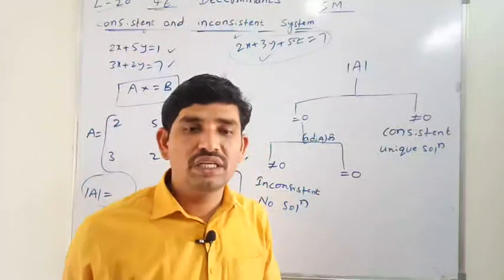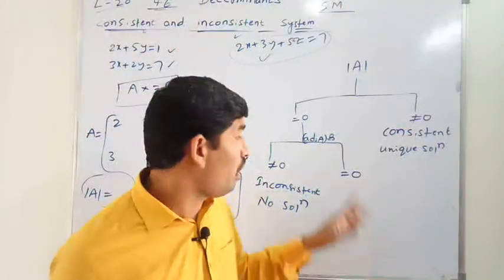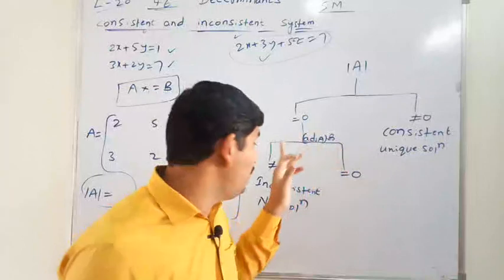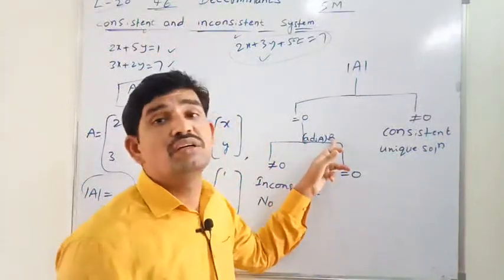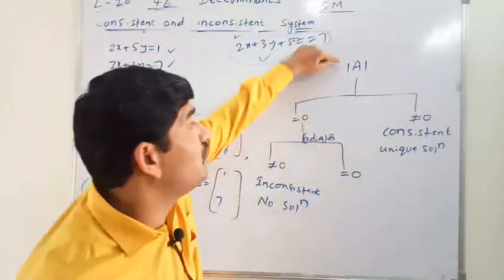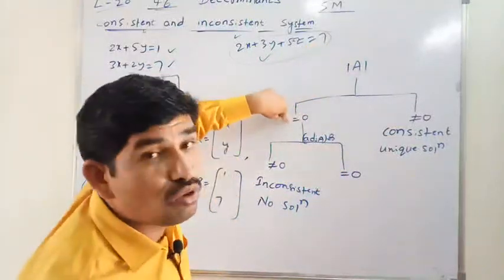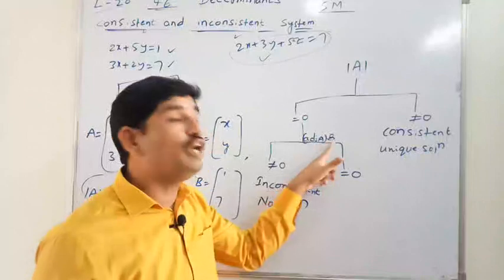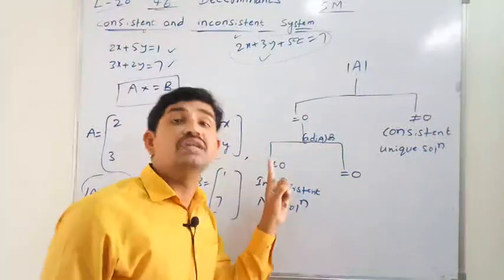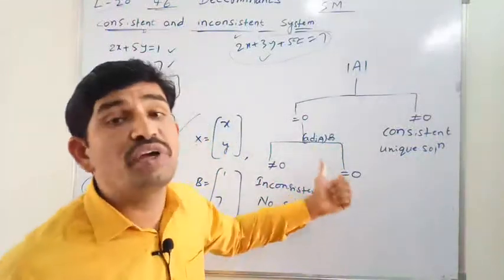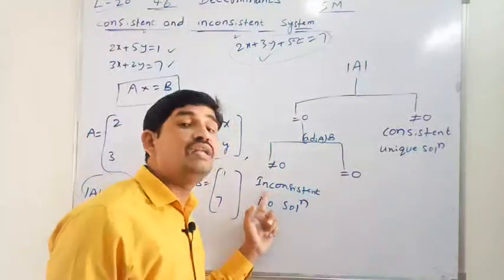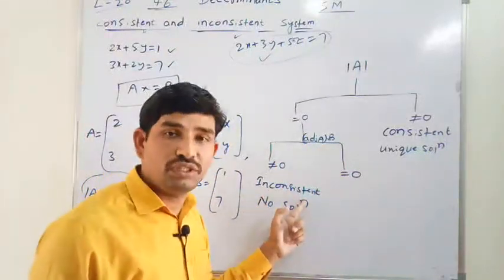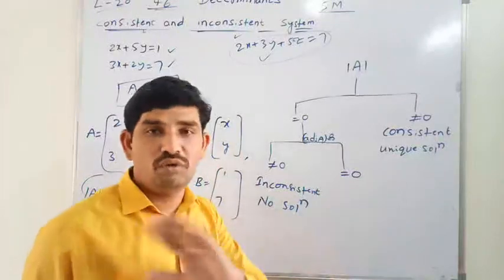We can say it is inconsistent when adjoint A into B is not equal to 0. When the determinant of A is equal to 0, then we have to check whether adjoint A into B is a 0 matrix or not. Suppose we did not get the 0 matrix as the product, then we have to write inconsistent system of equations and no solution, over.